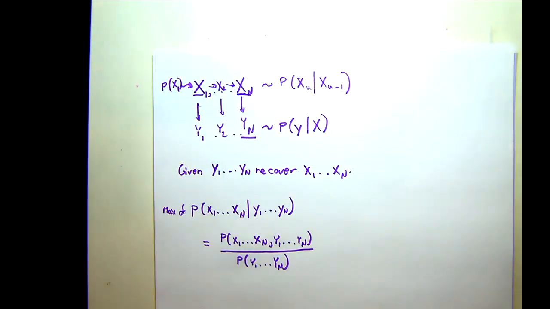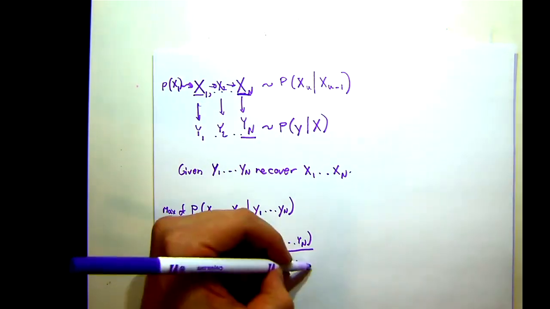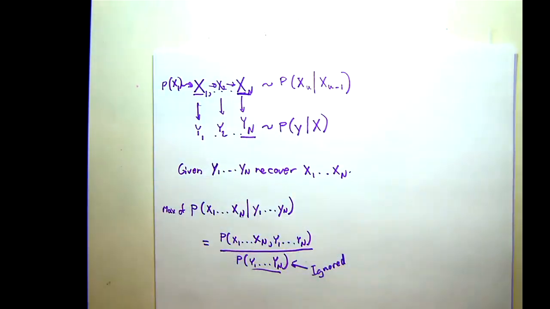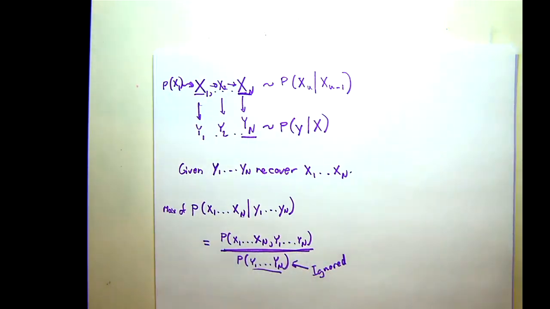Because we're going to do a max, and we know the y1 to yn, we'll often ignore this term down here. The max isn't modified. We're trying to find the max over the x sequences, so it doesn't matter what that normalizing factor is. So really, we're going to look for just this.